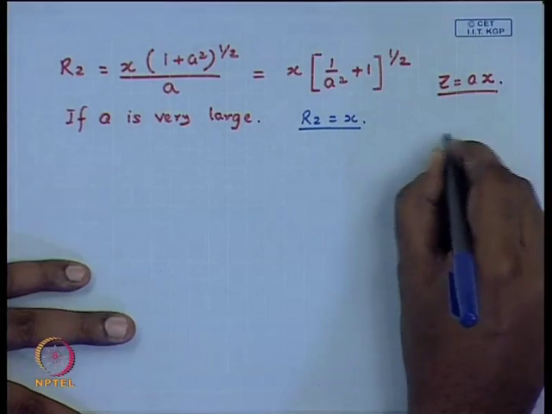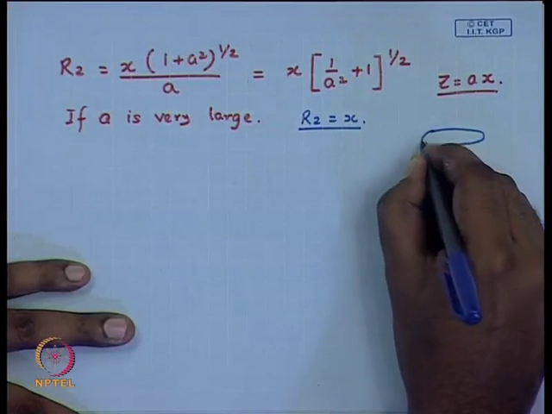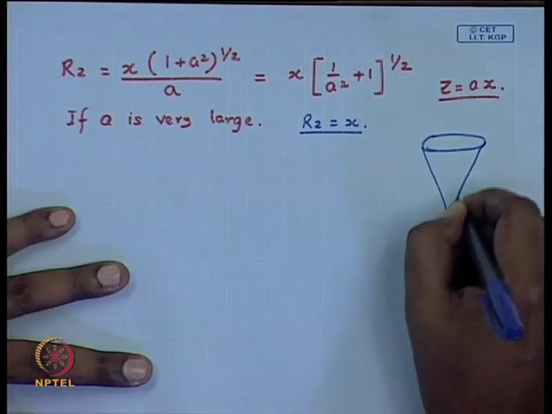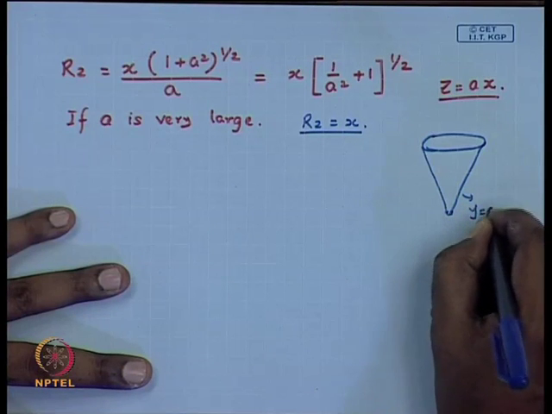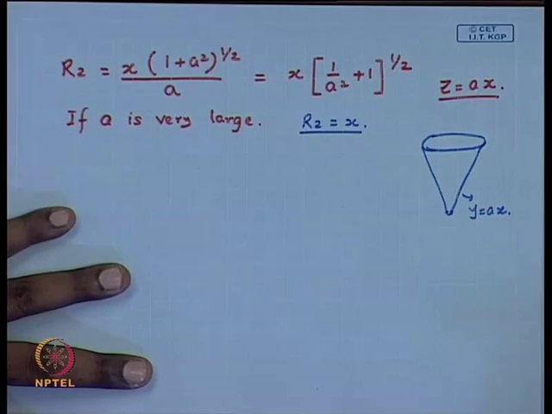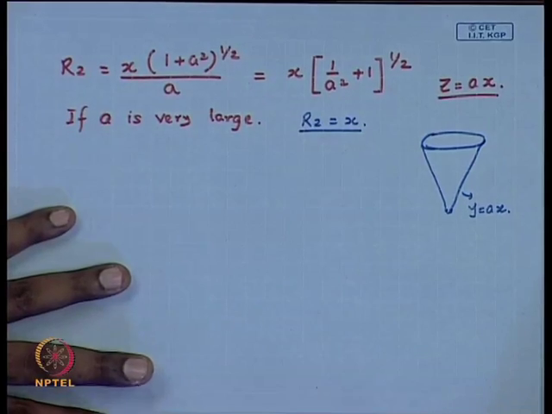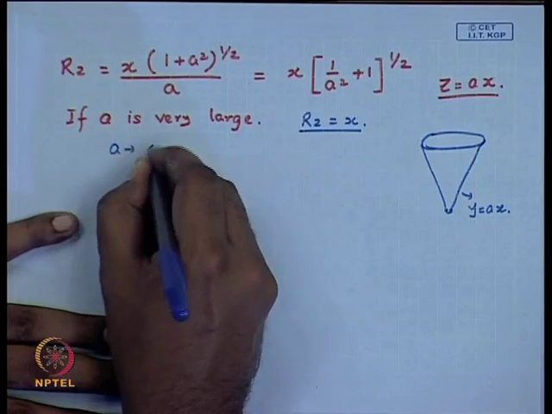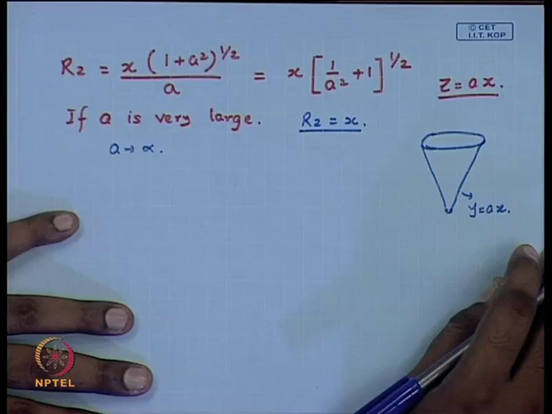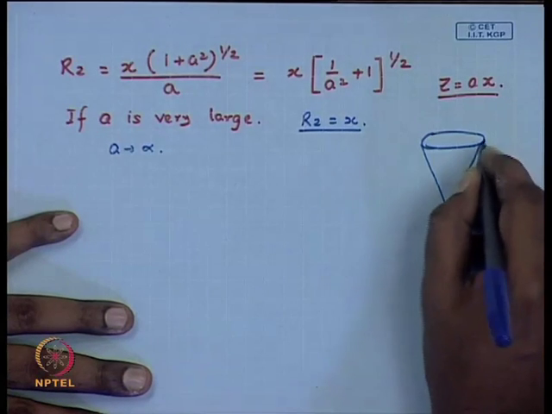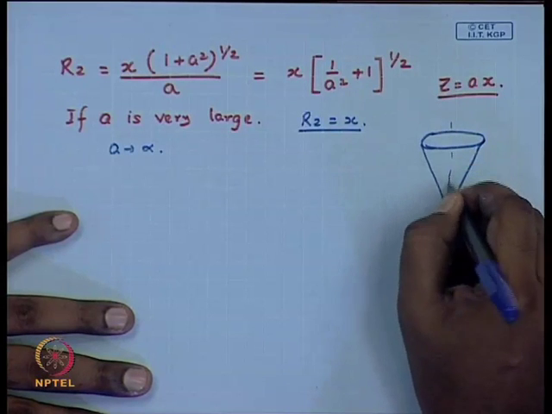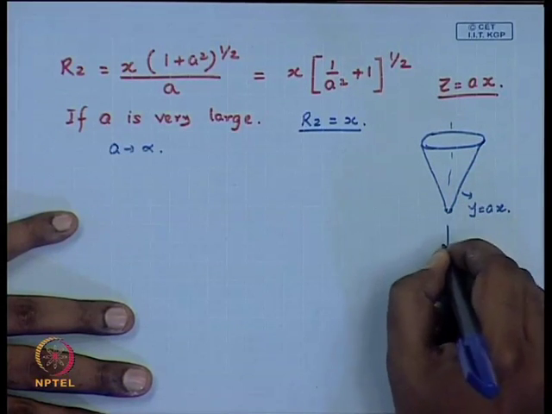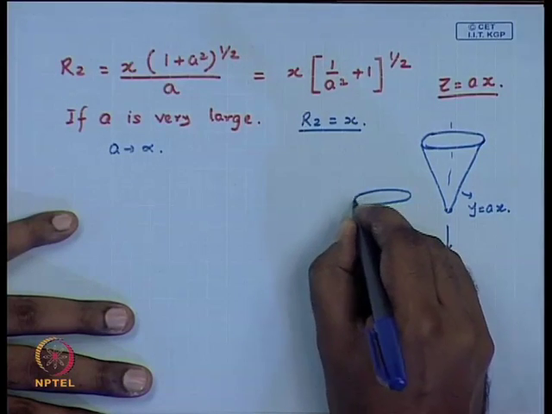Now, we have taken a cone, the equation of which is y equal to, let us say, A x. Now, what exactly does a very large A or A tending to infinity mean? It is the limiting case where eventually this line becomes almost parallel to the z axis in this particular case. So, eventually it refers to a cylinder.